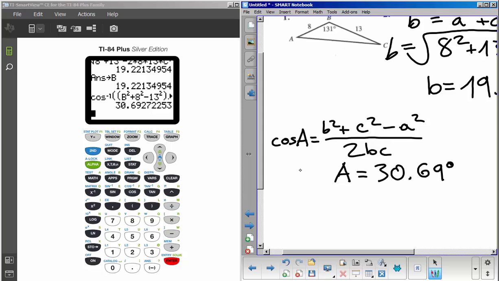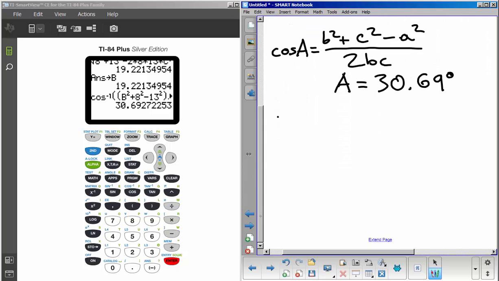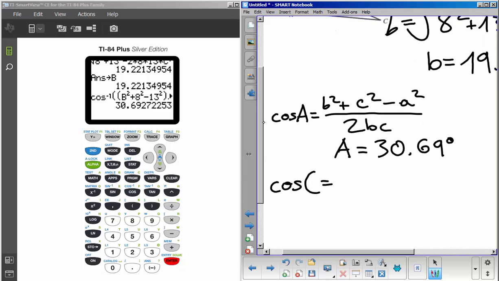Okay, and now we're going to do cosine of C. Or, you know what? We're going to make our lives a lot easier.